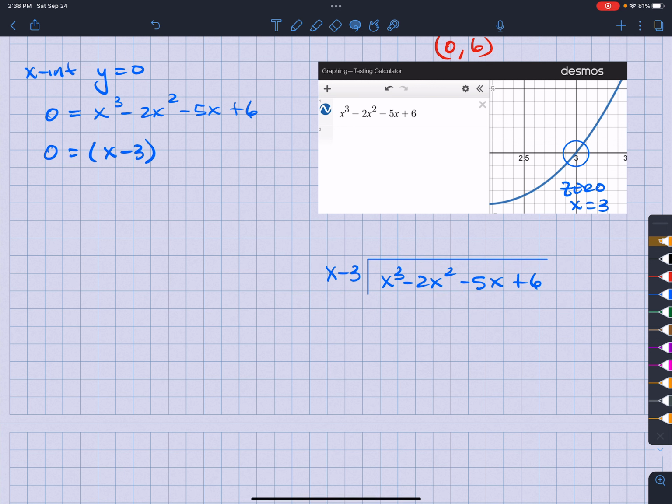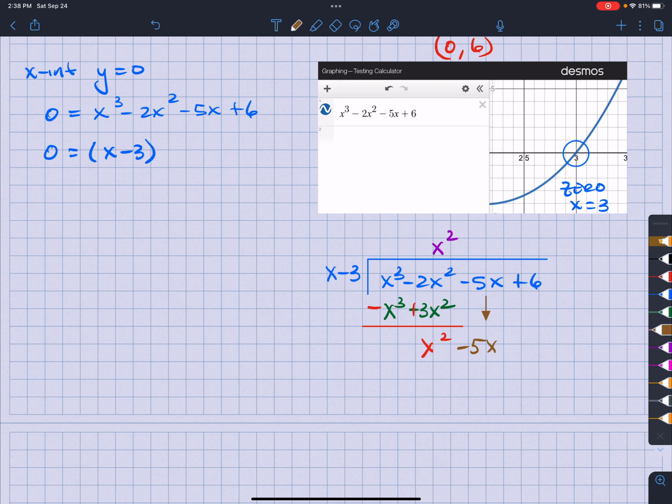So I ask myself, how many times does x go into x to the third? It's going to be x squared, multiply. And when I multiply, I'm going to get x to the third minus 3x squared. Then I can flip the sign and add. I'm going to get an x squared. Bring down the next term, which is minus 5x.